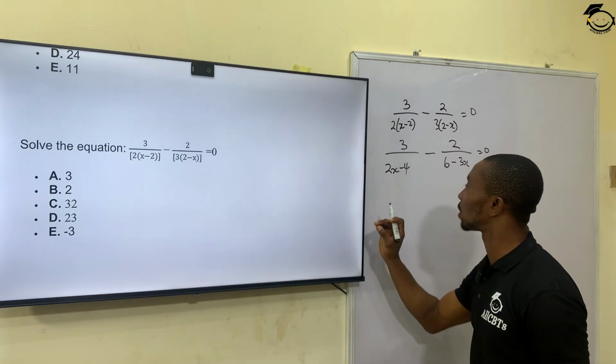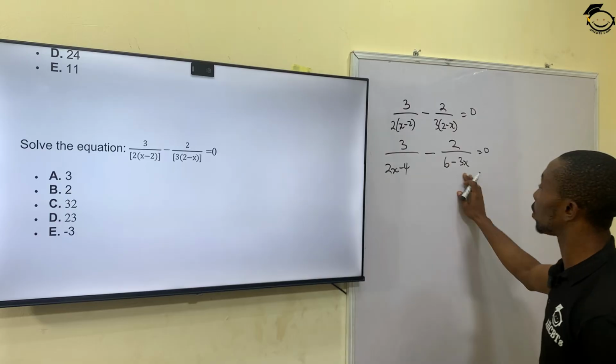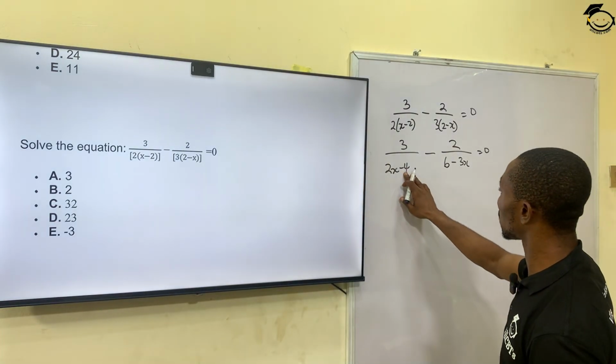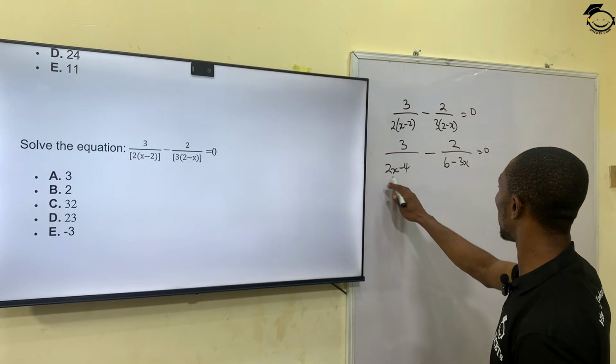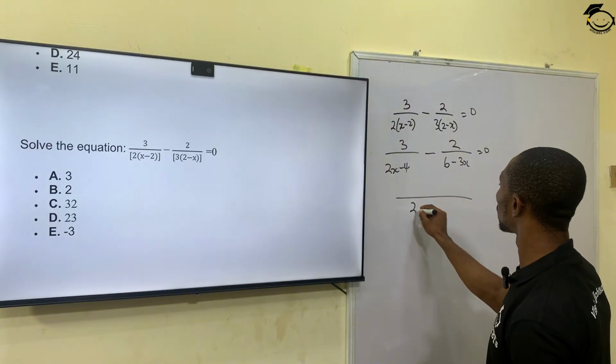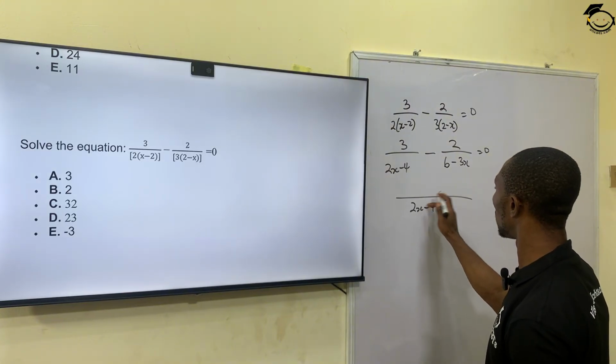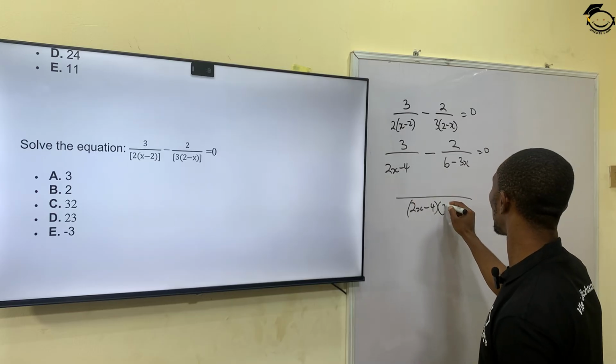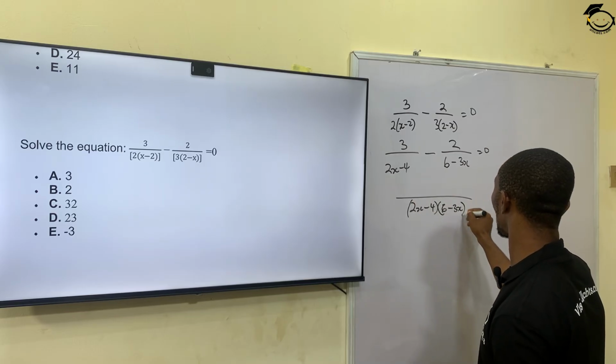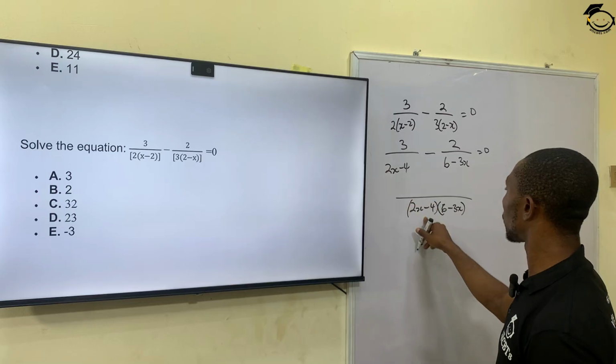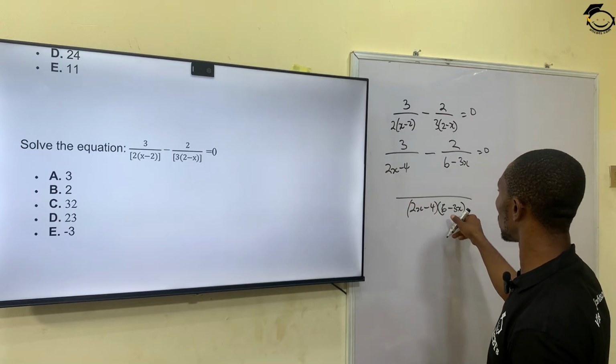Now, collecting our like terms, we find our LCM first. So our LCM will become (2x minus 4) and (6 minus 3x). All right, 2x minus 4 here will give us 1, leaving us with 6 minus 3x.